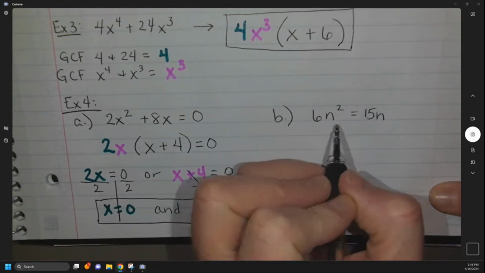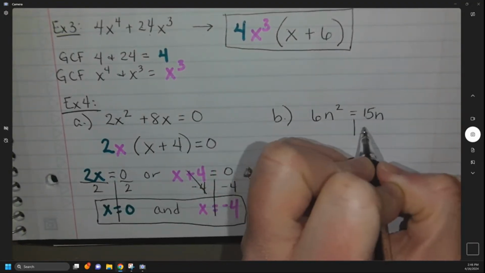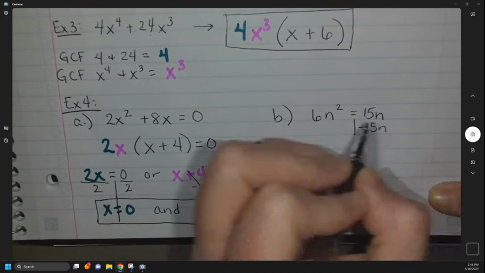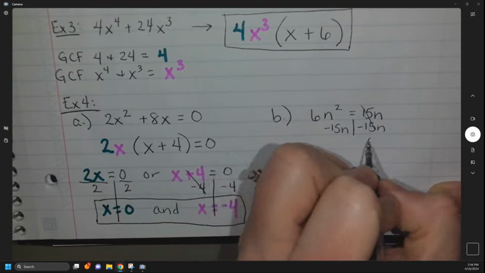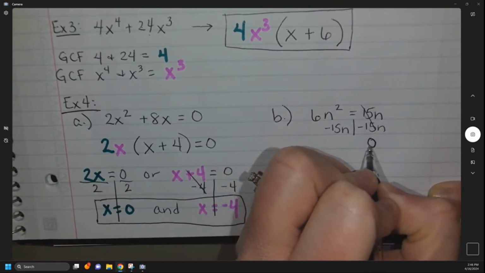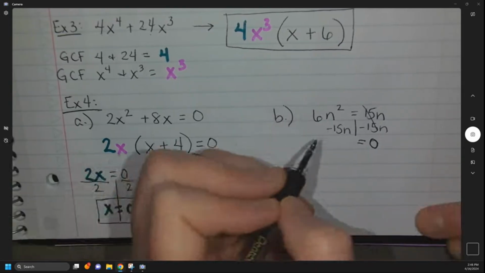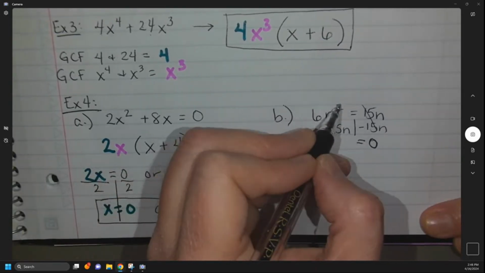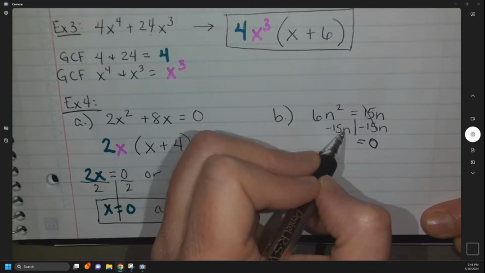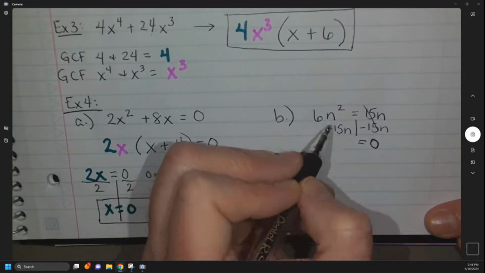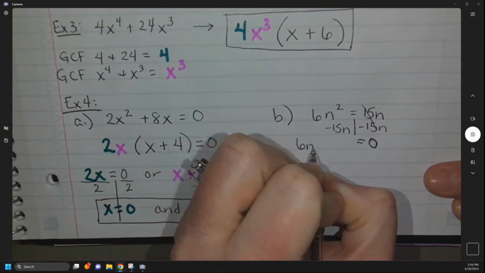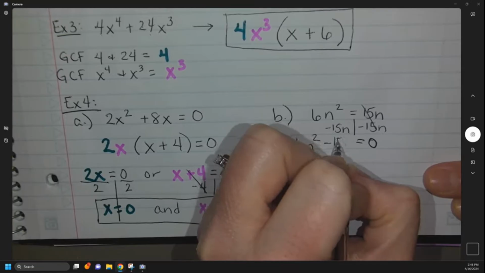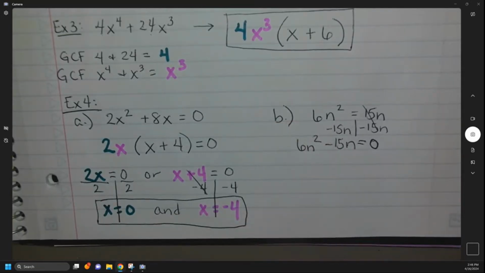So in order to do that, I'm going to subtract 15n from both sides. So now this is equal to 0. Now remember, this is 6n squared and this is 15n. They're not the same terms. They're not like terms, so I have to just write them separately. So 6n squared minus 15n equal to 0.